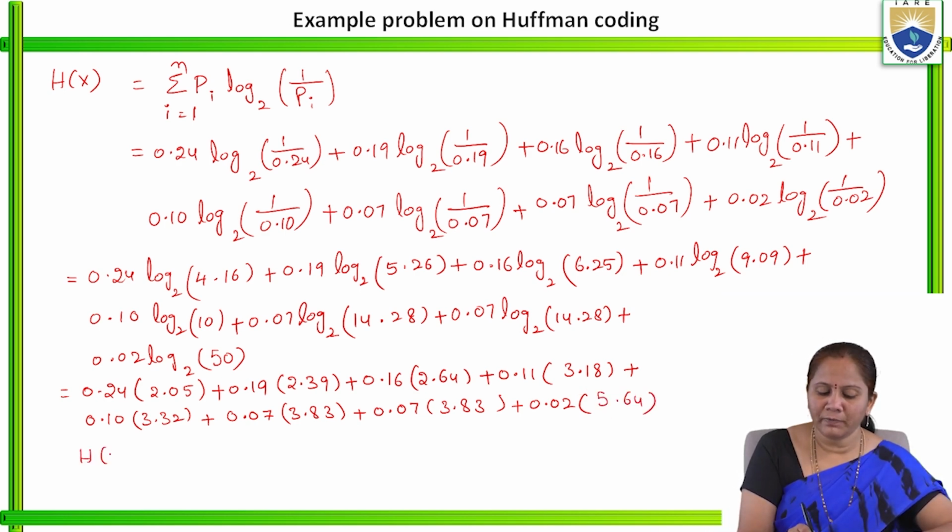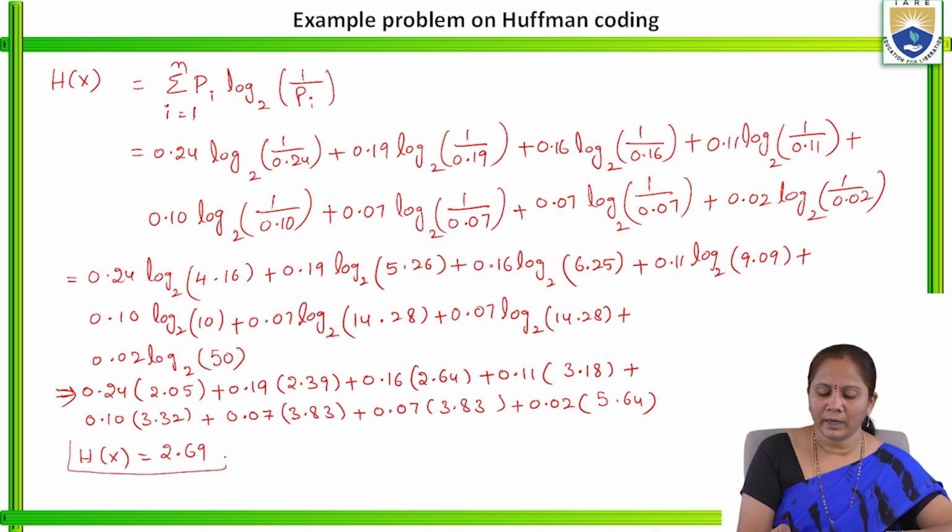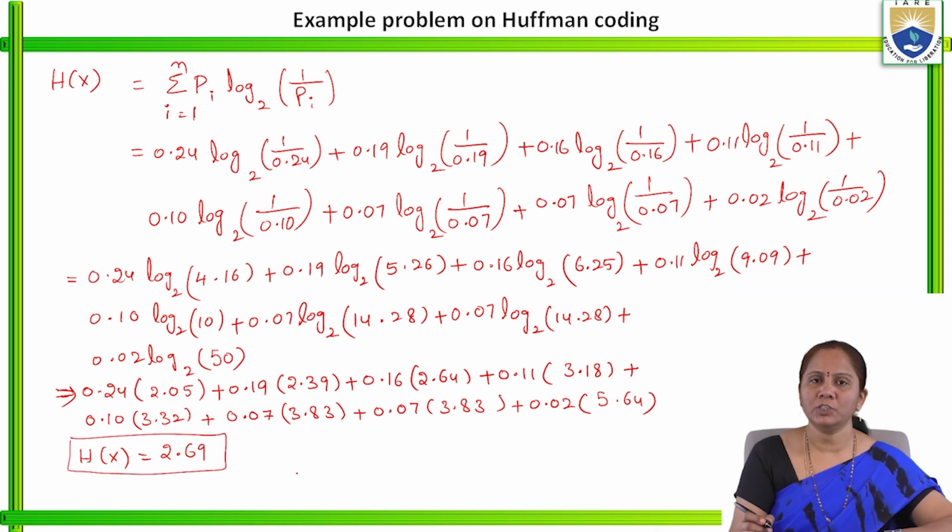If we simplify this step, the value of entropy H of x we will get is 2.69. Now we have the value of average length, L average, and entropy H of x.